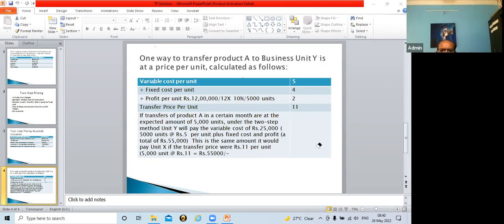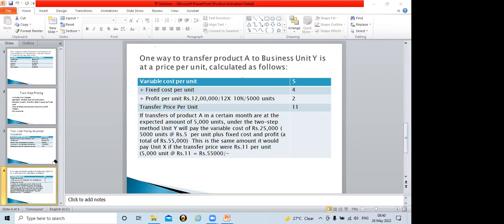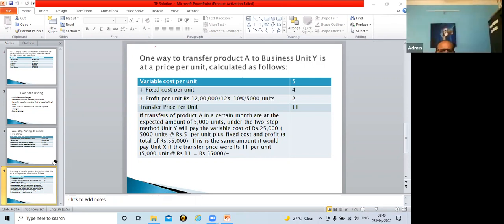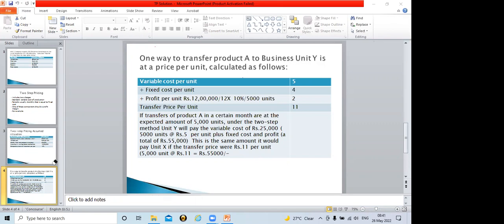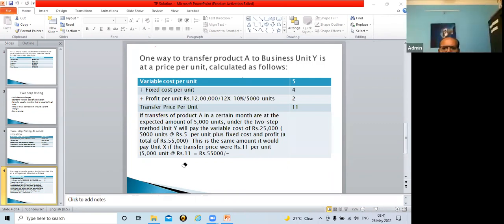unit. Now, if we calculate at 11 rupees, how many units are we transferring from unit X to unit Y? Number of units? 11 per unit? No, number of units. How many units are we transferring? 5,000 units. What is the rate per unit? 11 rupees, that is 5 plus 4 plus 2.